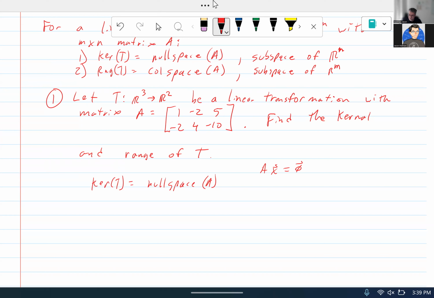My homogeneous solutions. So I'm going to get 1, -2, 5, -2, 4, -10 times x1, x2, x3 is equal to 0, 0.